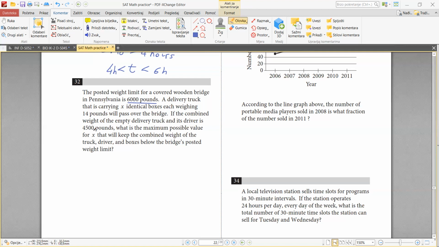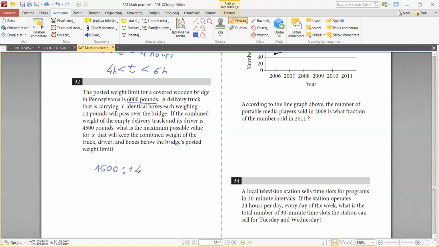So already, without carrying boxes, the combined weight of the empty delivery truck and its driver is 4,500 pounds. So just 1,500 pounds are left for those boxes. Each box is weighing 14 pounds.